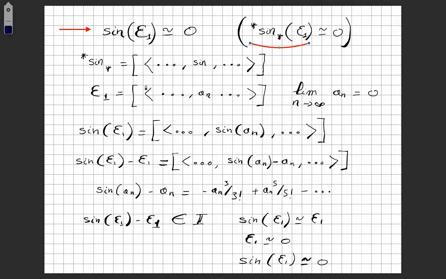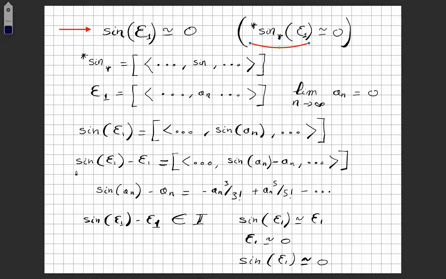And epsilon 1 is an infinitely small number, so it is given by the equivalence class of a sequence of elements a_n, and the limit of a_n tends to 0. And so sine of epsilon 1, this time as you can see I dropped the stars on both sides, is the equivalence class of the sequence of sine a_n.